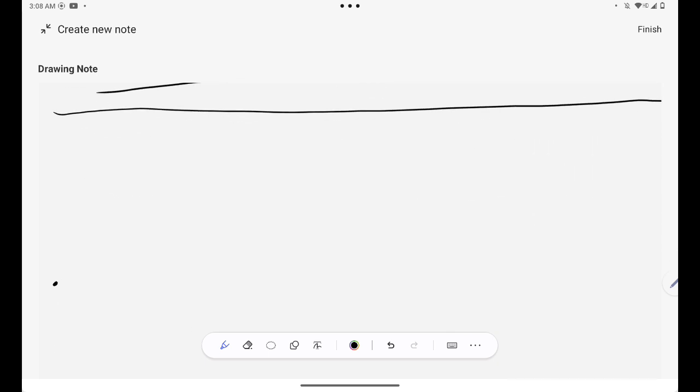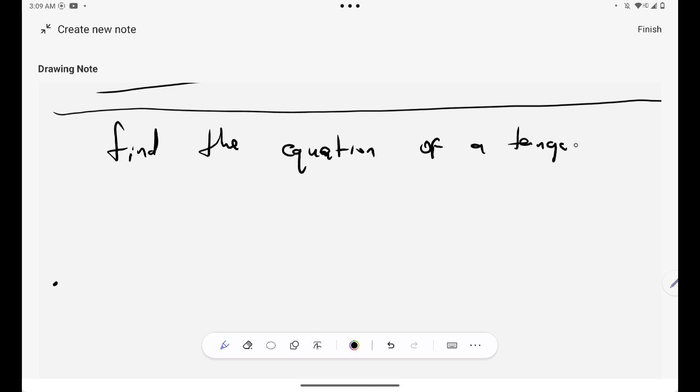Maybe the question will be like, find the equation of a tangent to the curve. Let me write the equation of a curve.